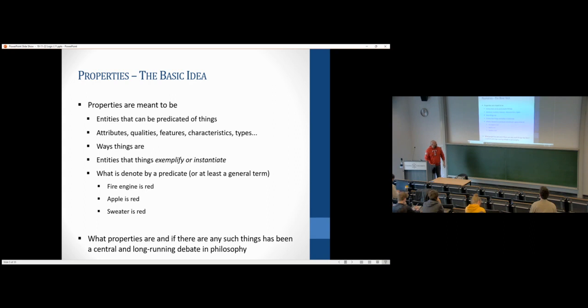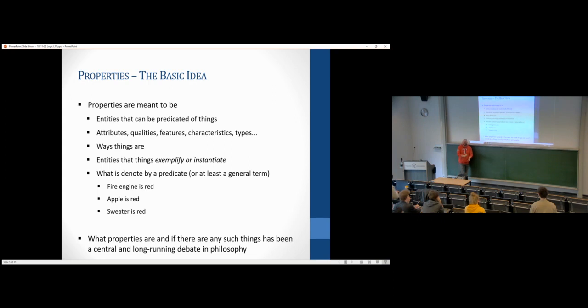And notably, what properties are, and if there are any such things, is, honest to God, a massive, central, and long-running debate in Western philosophy. And not just Western philosophy. But it's certainly something that, if we're coming from a tradition that likes to say we're stemming from the Greeks, something they were very interested in. Plato's answer to these questions about what properties are is informative for his whole view about everything.